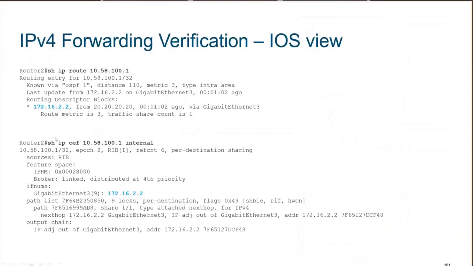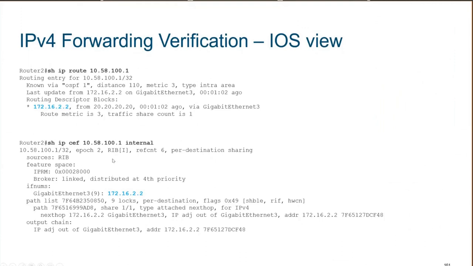So for IP forwarding verification, this is the IOS view. You would have seen show ip route for a particular IP. You will get the next hop, how it is learned, what the prefix is that you are looking at, and what the exit interface and route metric are. This is the RIB, the routing information base. This is the FIB on the RP, the CEF output.